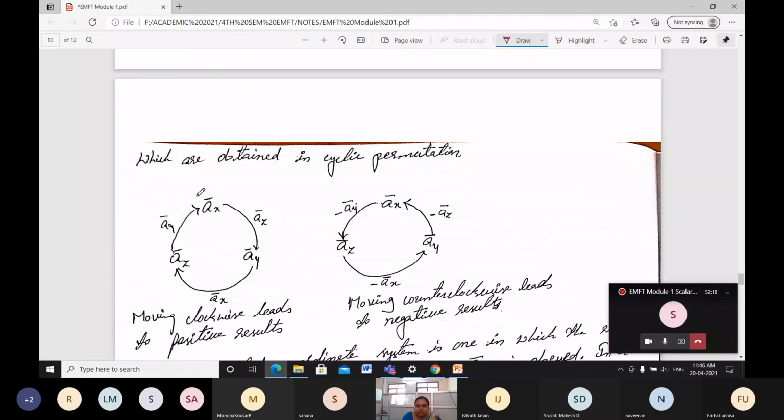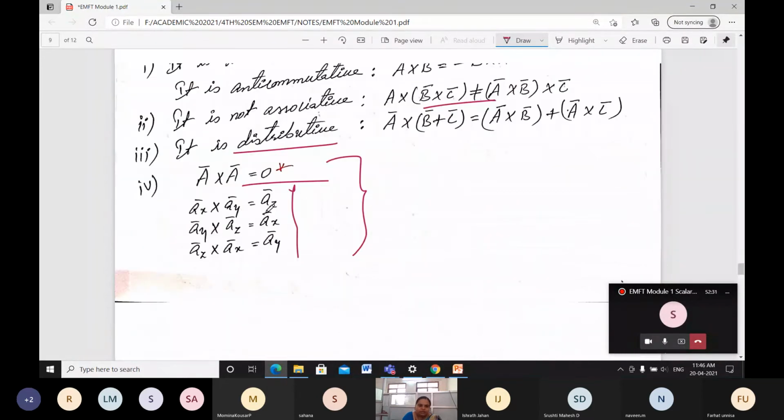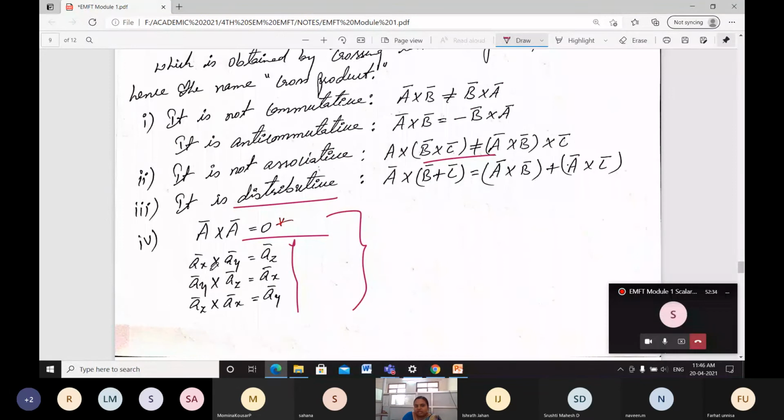First you take ax, ay and az. Ax, ay, which one is missing? That is az, that you have to write. Remember, ax, ay should be there, not ay and ax. Ax, ay gives az.